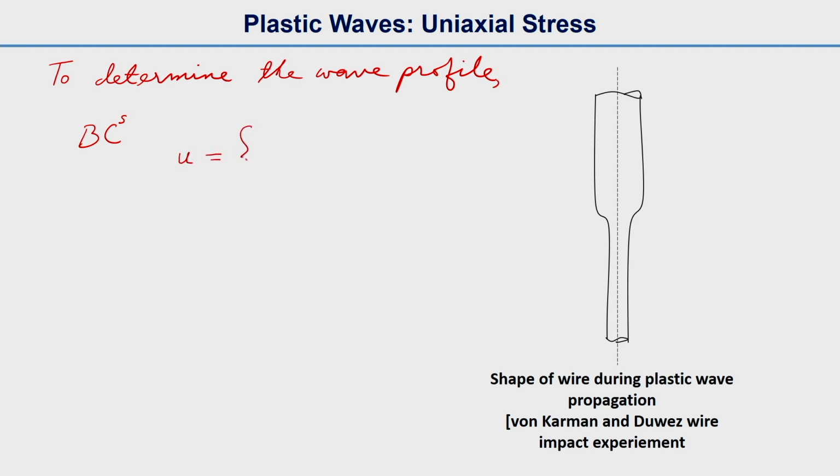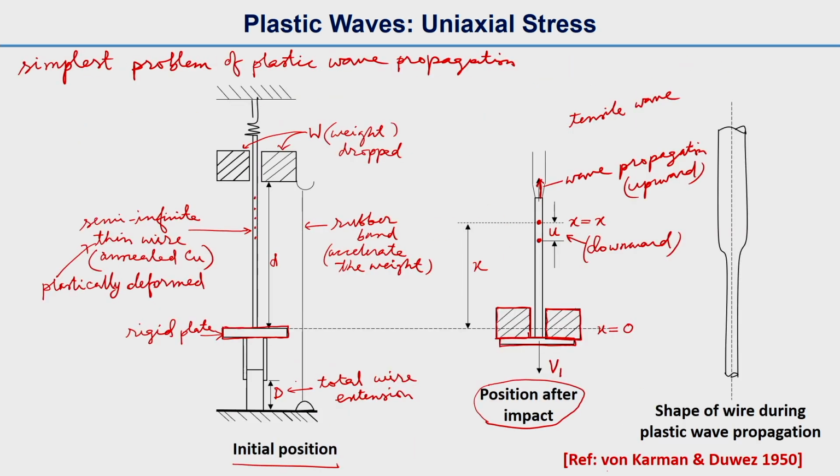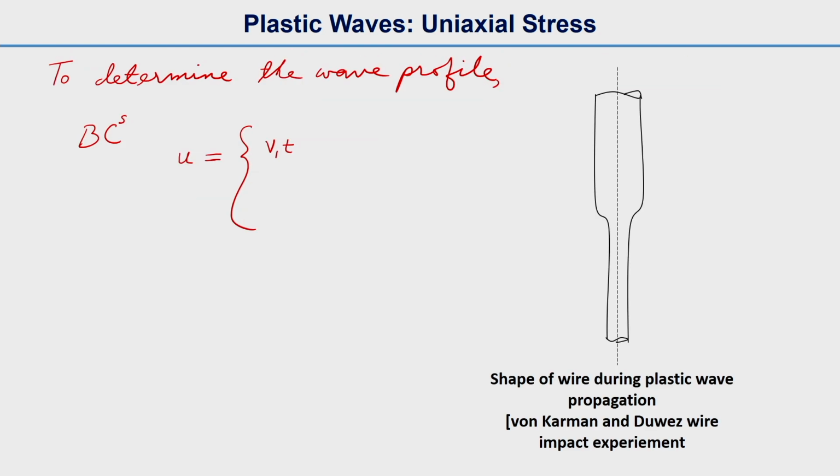The boundary condition is V1t, where, as we discussed earlier, V1 is the velocity of the plate, or when the weight impacts the wire, the plate.